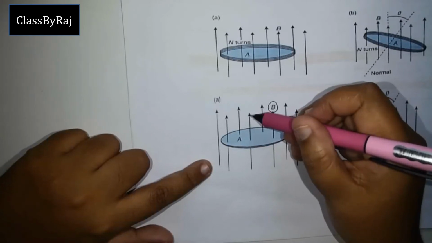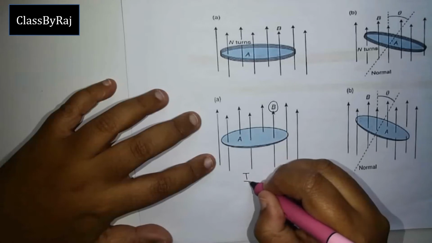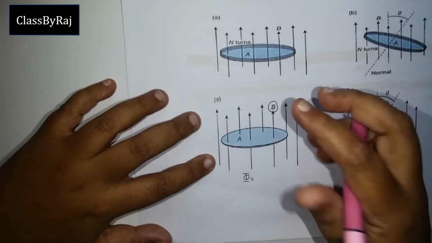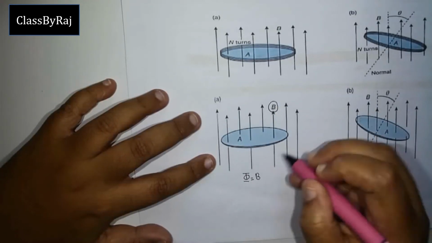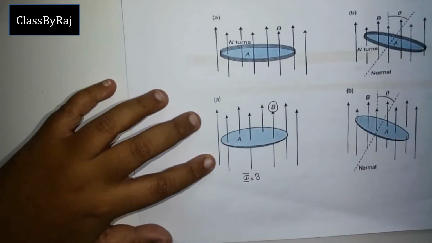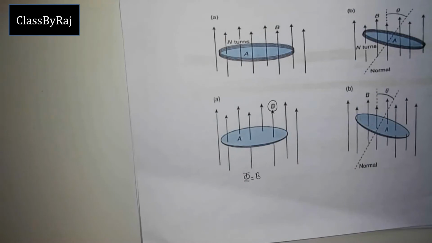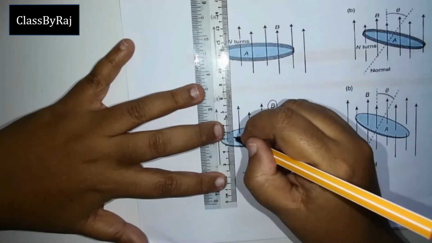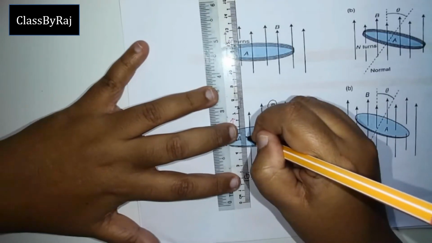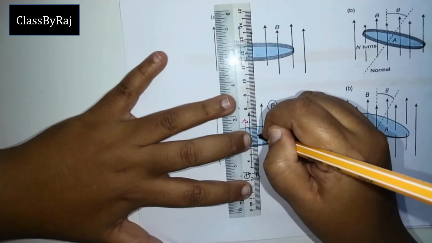Magnetic flux is the B, the magnetic field lines of force that pass through an area. Now, if I take another color pen, the area direction will also be in this direction, that means the surface area direction.